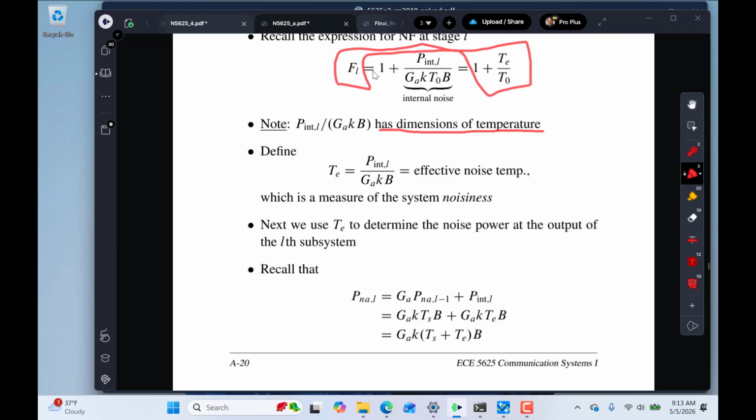So if we combine this equation and what we had before, how the noise figure, the internal noise and the noise driving it come together to produce the noise at the output, we have TS, the temperature of the source, and TE come together in this equation to produce the noise power. And this is used in certain types of calculations.